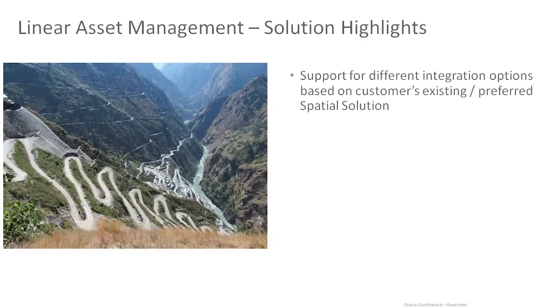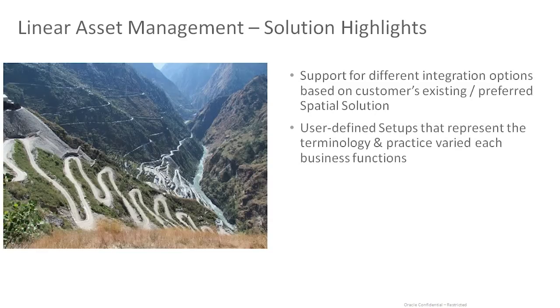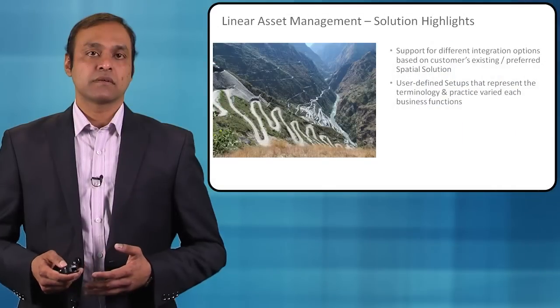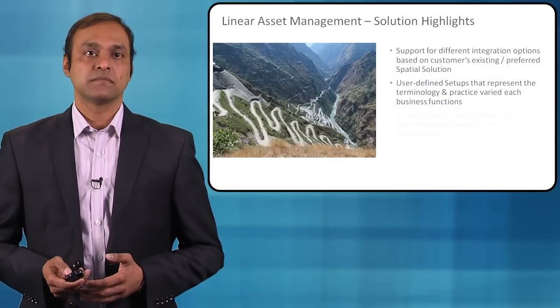So overall, just to summarize, for linear asset management we have different integration options based on the customer's existing preferred spatial solution. We are not only Esri, we can do Esri, Spatial, custom GIS. We have various setups, properties, elements, and all those things, which are practiced and varied in each business function.